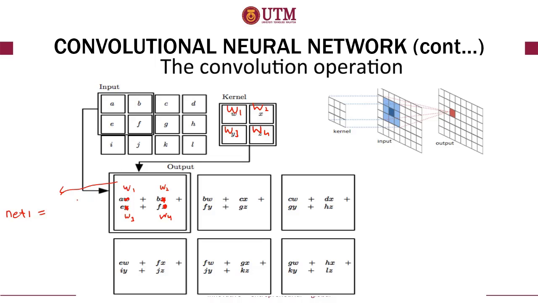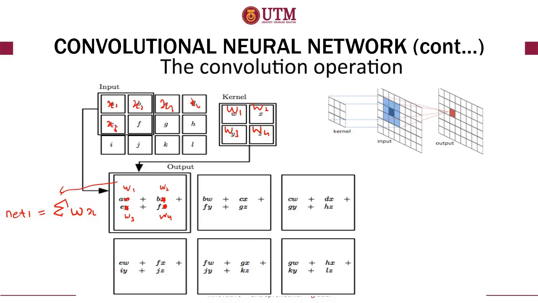So in other words, to find the net one, you still need to do some sort of summation of your W and your x. Just assume this is x1, x2, x3, x4.